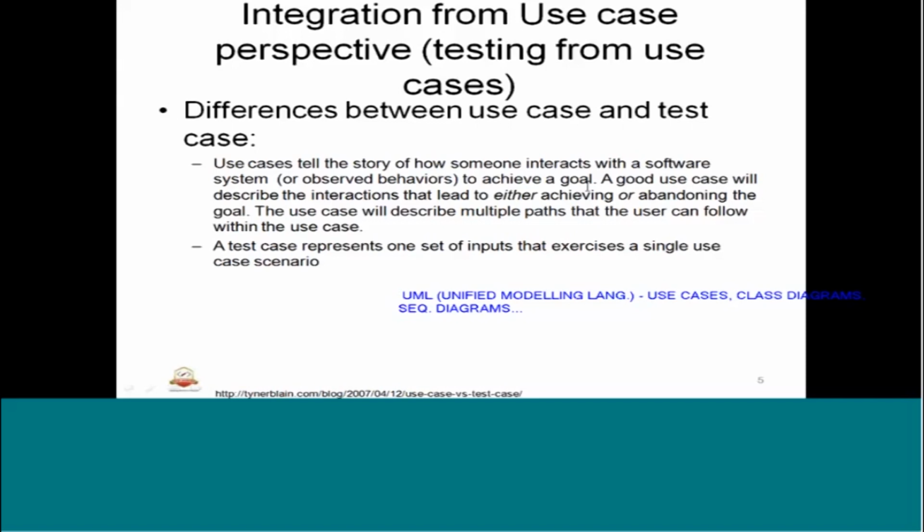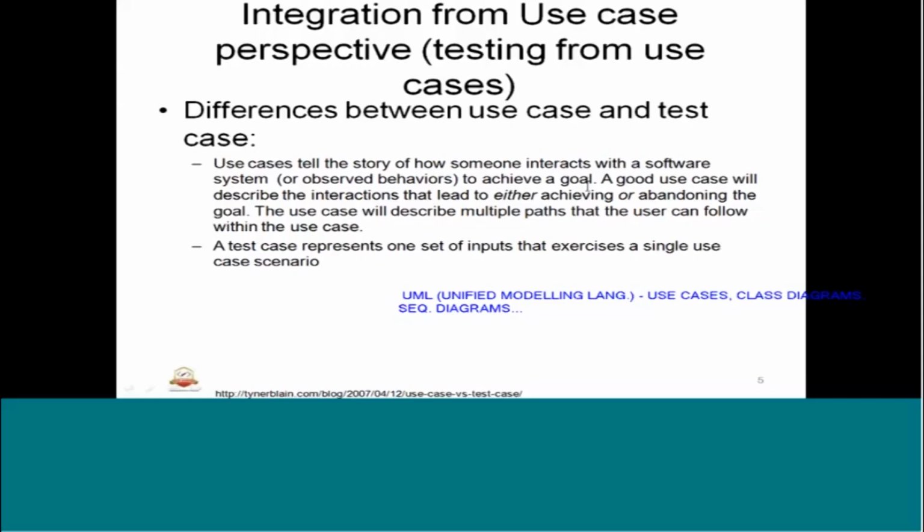A good use case will describe the interactions that lead to either achieving or abandoning the goal, and the path that goal takes for that functionality.